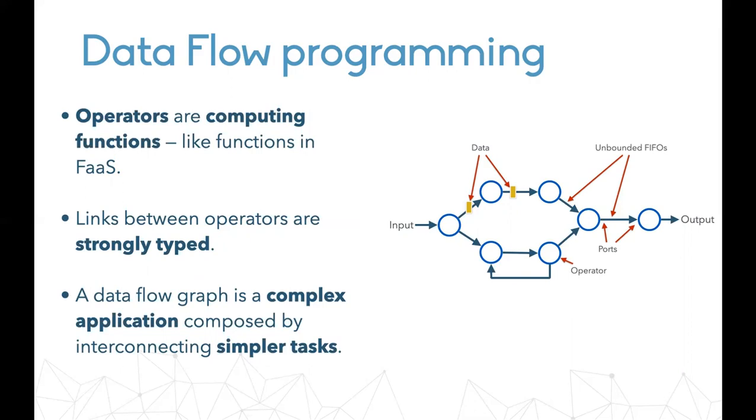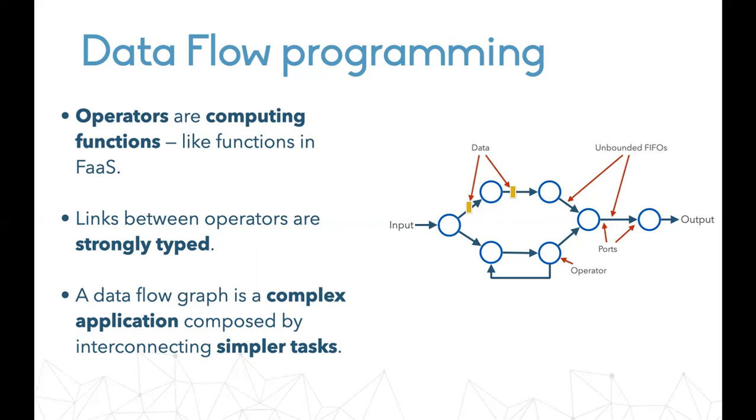These operators exchange messages that are strongly typed, and the data flow application itself, as I said, is composed of a graph of these operators. Different applications, of course, require different graphs, but the same operators can be present in different applications. This is similar to what you have in function as a service, in which you have different functions that you can use to compose different applications, while in data flow you use operators.